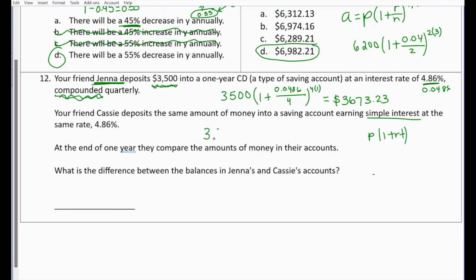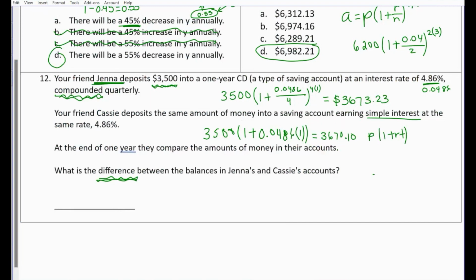Principal was the same, 3,500. 1 plus, our rate in this case is the same, 0.0486, times our time, which was just 1 year. And again, you plug that into your calculator just as you see it, and we get 3,670.10.